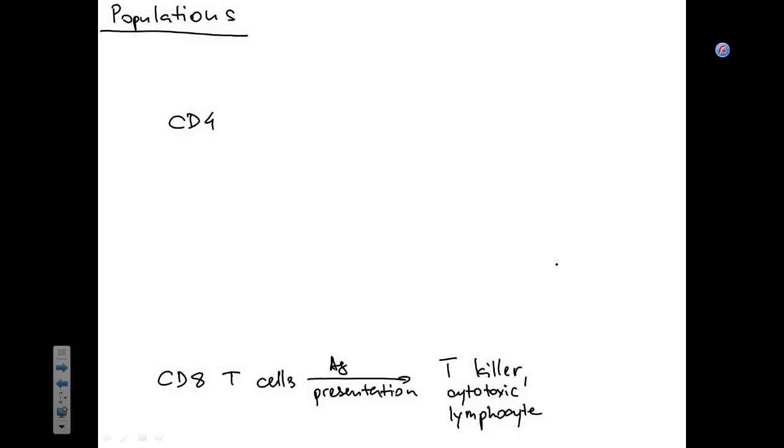So via MHC1. We'll get to the mechanisms. CD4 cells. There are several populations of CD4 cells. The T regulatory cells and T helper cells.